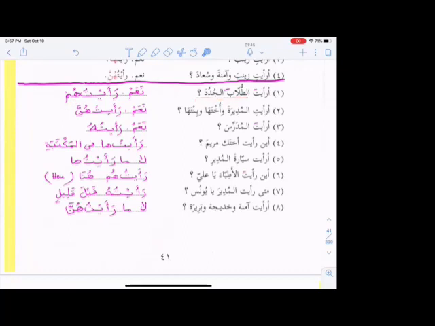Araiti mudirata wa ukhtaha wa bintaha? See how many? Three ladies. So what will you say? Naam raituhunna. They all change into hunna. Mafulun bihi. Raita al-mudarrisa? Naam raituhu.